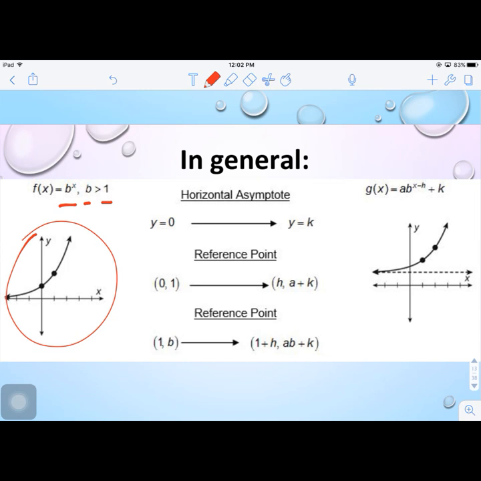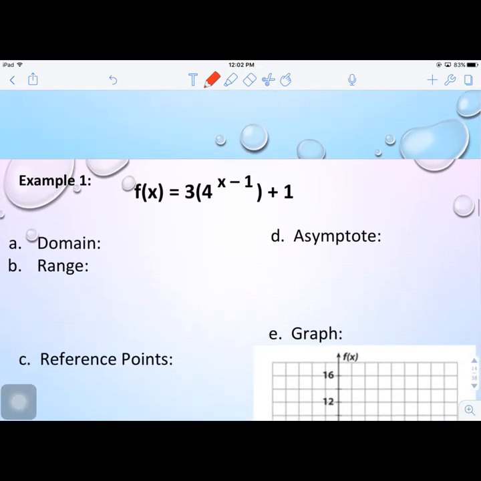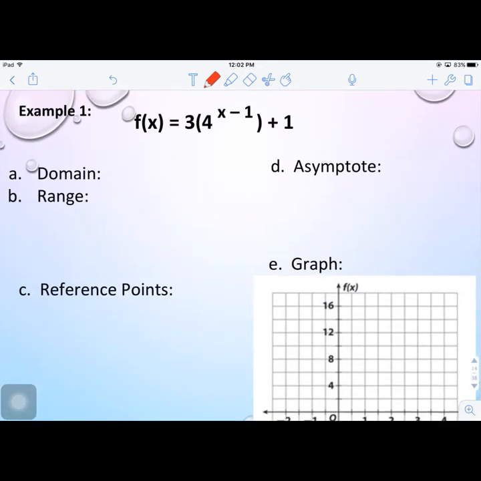And then in general, we will have this equation. Notice that the only thing it does is it has the a, the h, and the k in there. So it will cause the original graph to either shift left, right, up, or down based on the numbers. And we are going to try the first one. So here's an example based on what we saw.